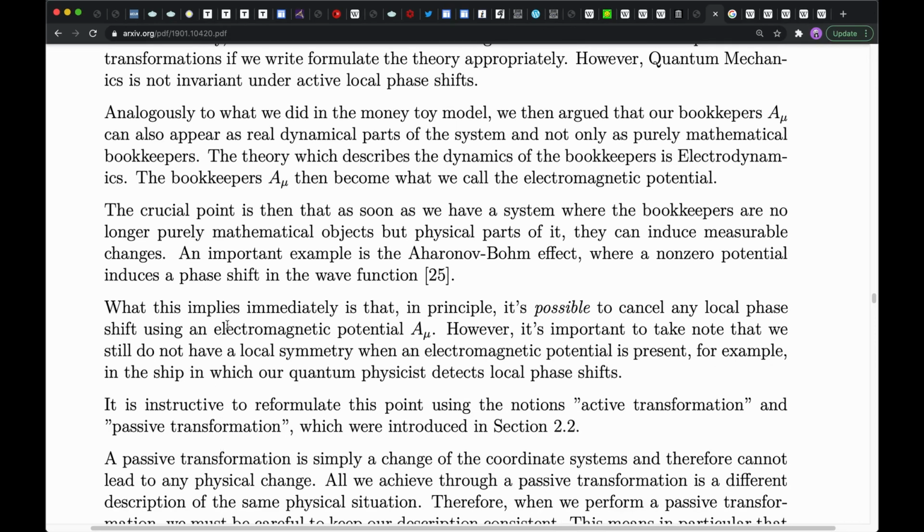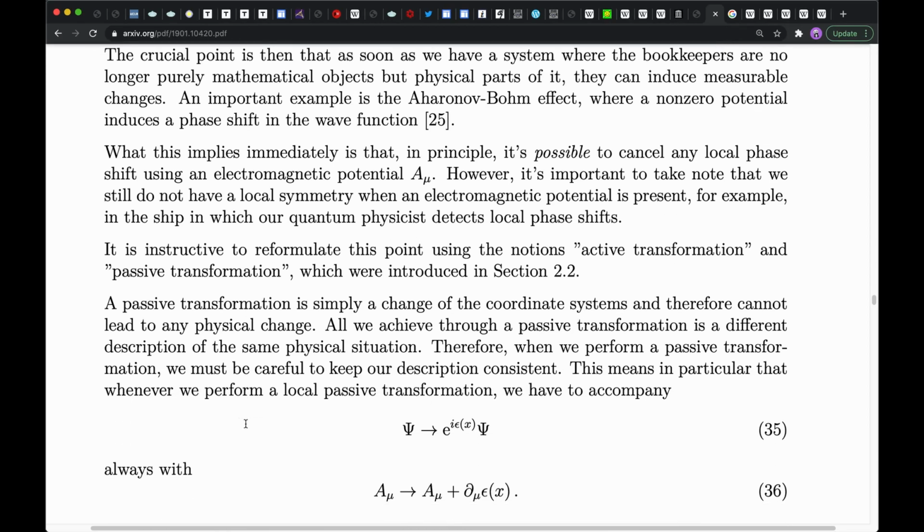What this implies immediately is that in principle it's possible to cancel any local phase shift using an electromagnetic potential. However, it's important to take note that we still do not have a local symmetry when an electromagnetic potential is present, for example in the setup in which our quantum physics detects local phase shifts.